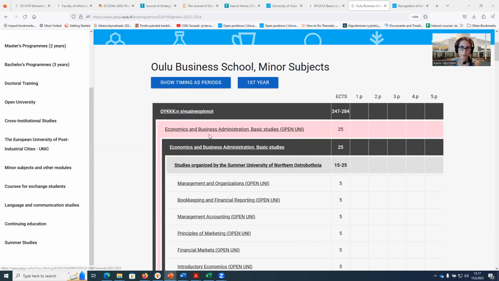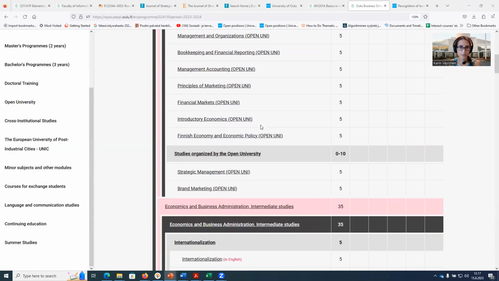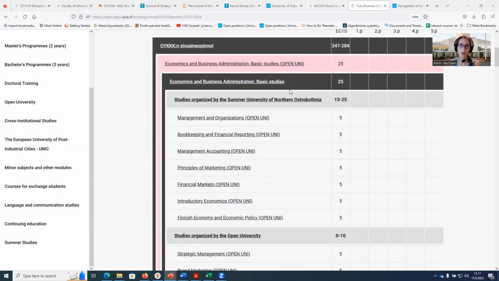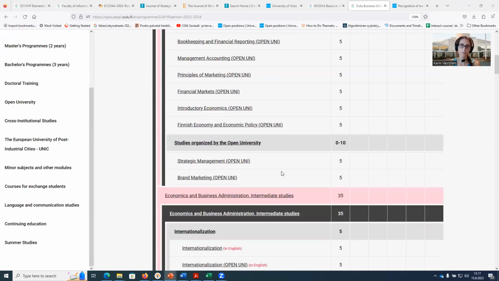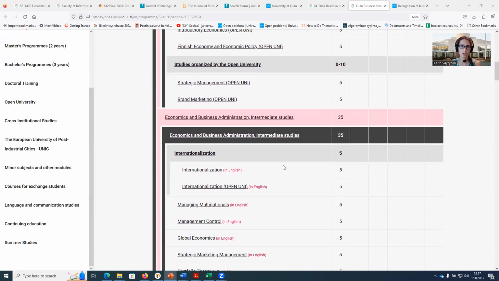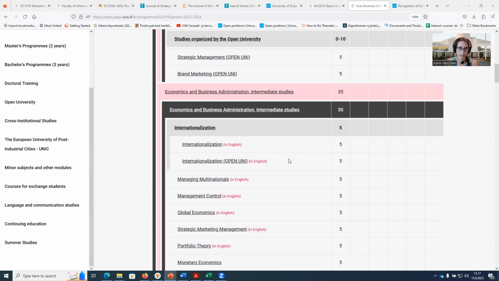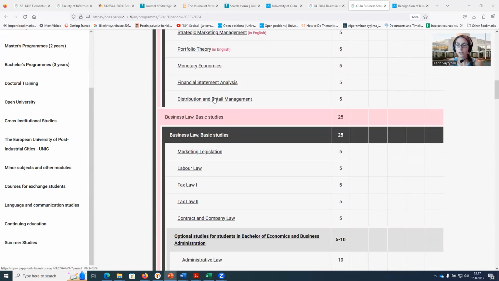Economics and business administration is one of the minors that is not open to you, except if you participate via Open University. Those courses would be open to you, but apparently they are not offered in English. So for those who don't speak Finnish, those are not an option, but for Finnish students, they are, via Open University, but not otherwise.